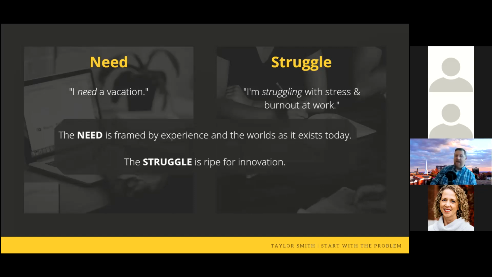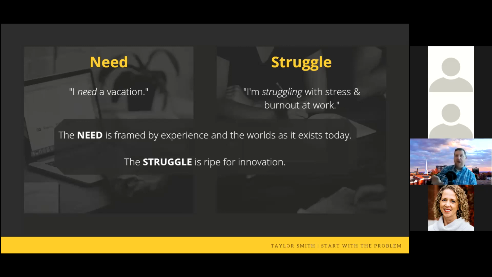So when we ask the customer, what do you need? The answer that we get back is going to be framed by their experience and the world as it exists today. Meaning they're going to say, I have this struggle. They're not going to even vocalize this, but this is what's going on in the subconscious: I have this struggle, and in the past, when I have been stressed and burnt out, I've fixed that by going on a vacation.